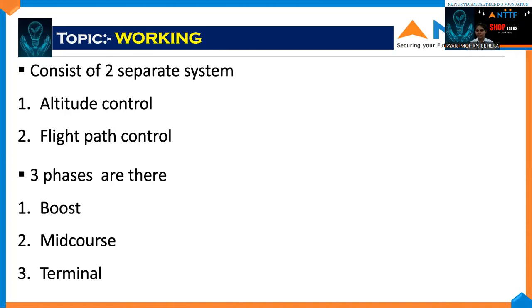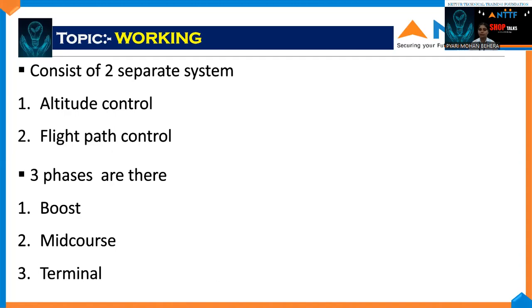Then there are three phases: boost phase, mid course, and terminal. What is the boost phase? In the boost phase, the triggering occurs when propulsion happens. Then the mid course is not an important part of every missile; it depends on the long distance and time, because the missile can't take a heavy load over a long distance.